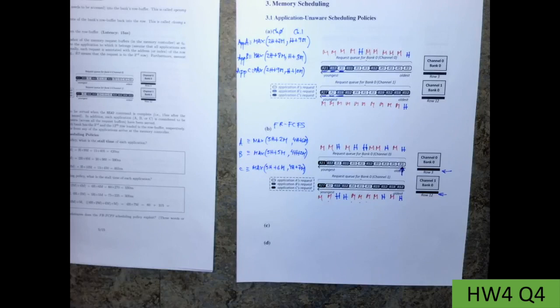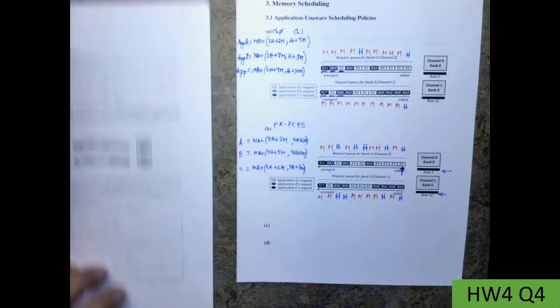In this case, you see that even though application C has only 1 request in the queue, it has to wait for all the applications to finish. So that's why in the next part, in 3.2, we are going to consider application-aware memory scheduling.